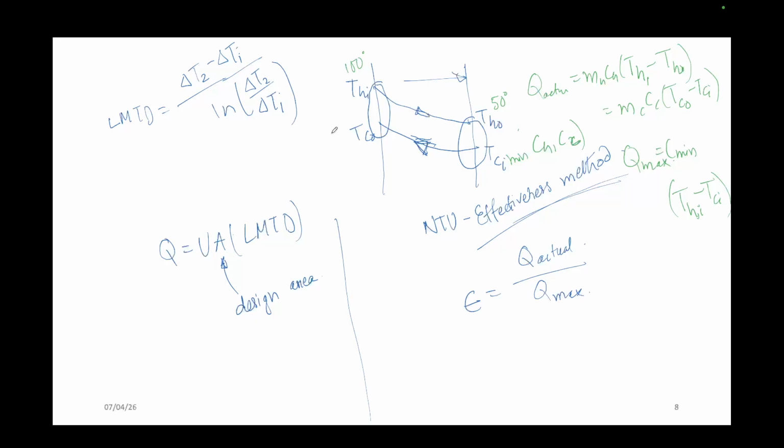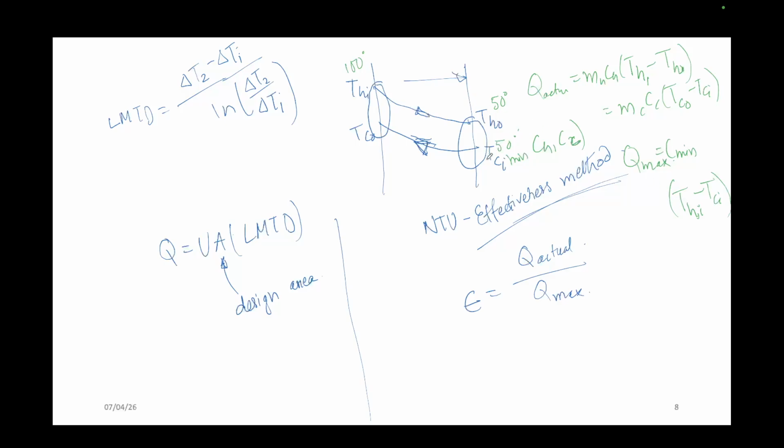Ah, yes. That means not 100, this should be 50 degree in this case. If both temperatures are the same, the difference will be maximum, and that is when it will be Q max.